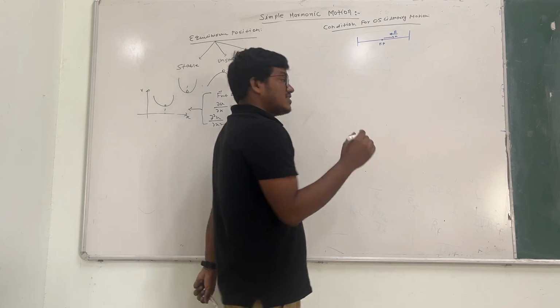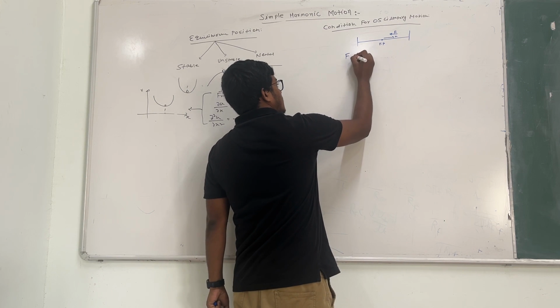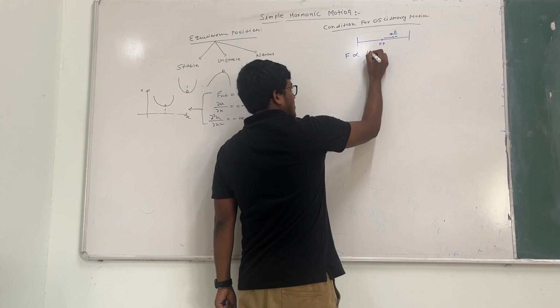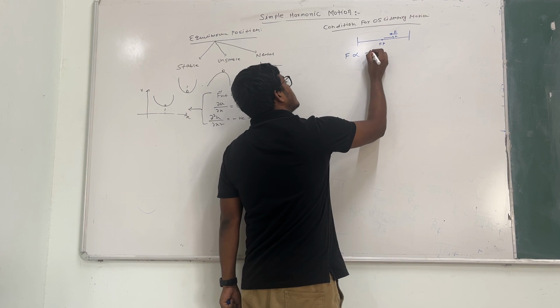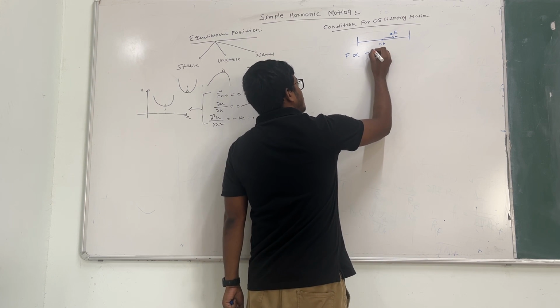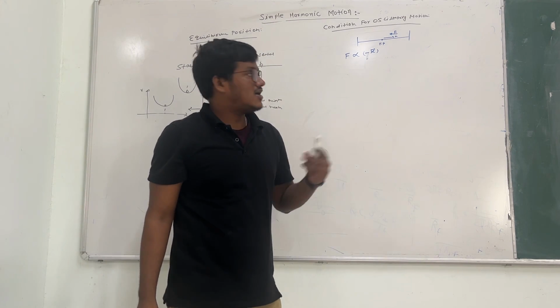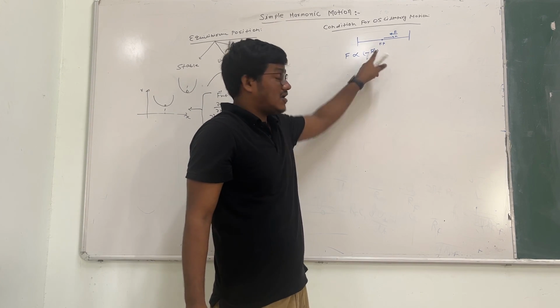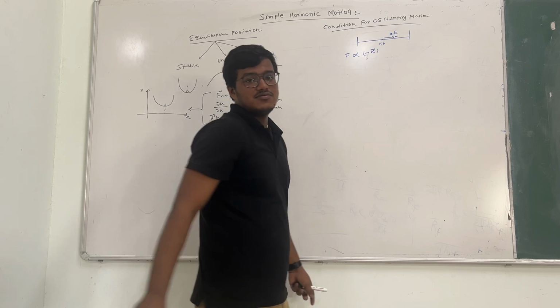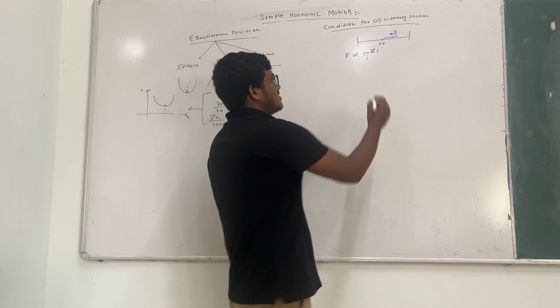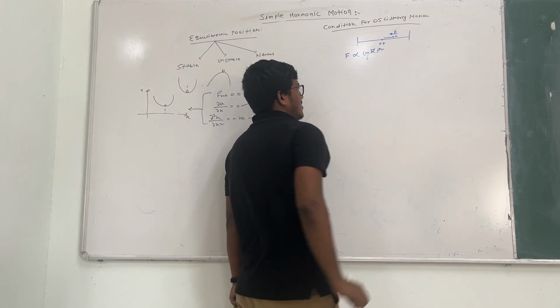So the mathematical condition is something like this: force must be equal to minus of displacement to some power. I don't know the power, but in the general case, this power is going to be n.